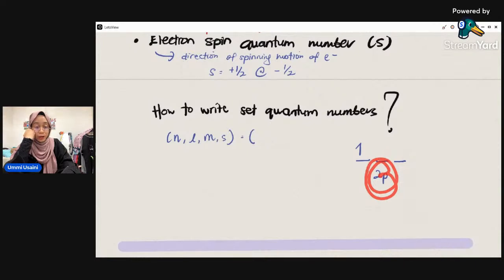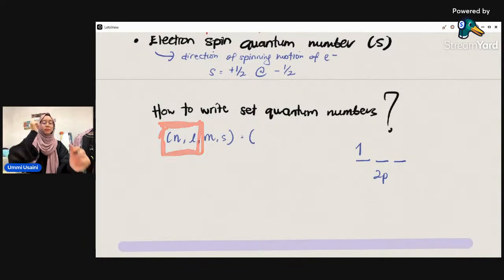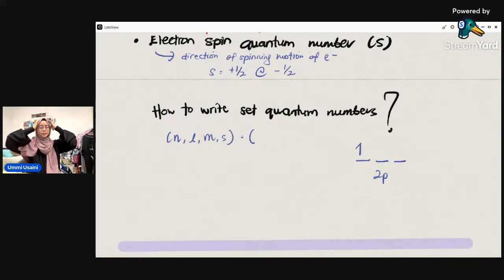Can anyone tell me the values of N and L for this 2p orbital? What is it?